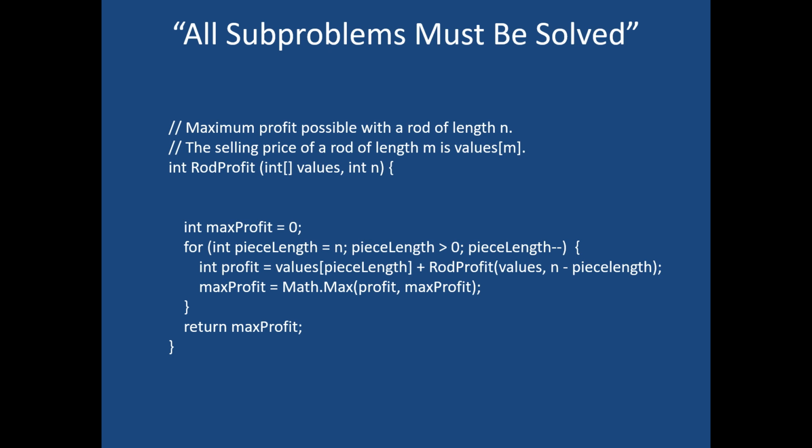So in that case, you can squeeze some more performance out by using a table instead of recursion. What would it take to turn this into something that fills in a table?